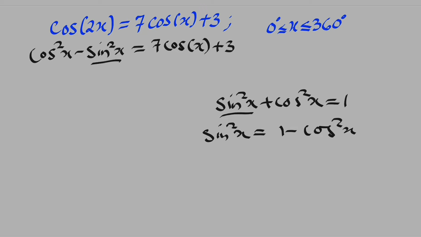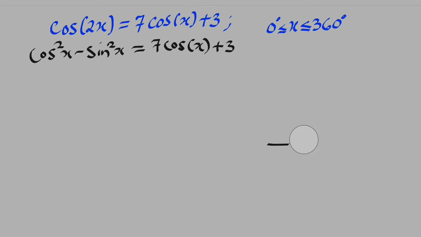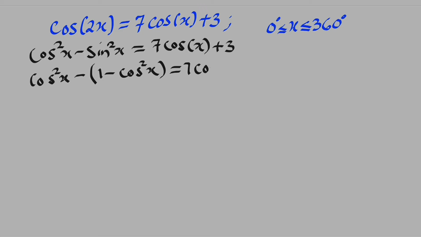So instead of sine squared x here, we can now write it as 1 minus cos squared x. Therefore, we have cos squared x minus, in the bracket, 1 minus cos squared x. To the right we still have 7 multiplied by cos x, then plus 3.